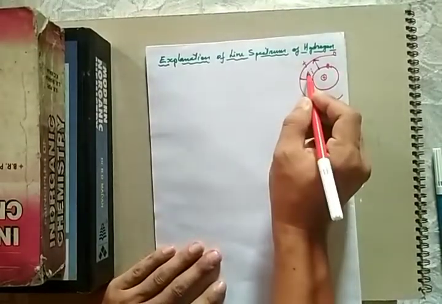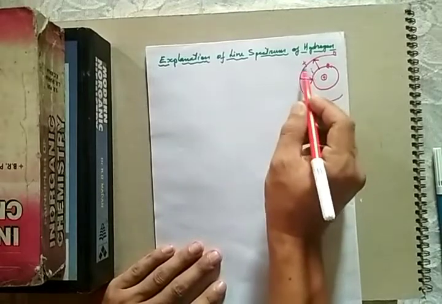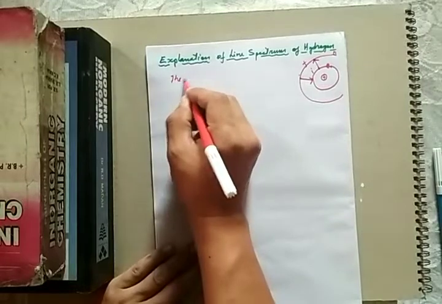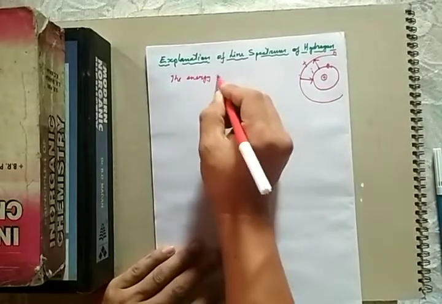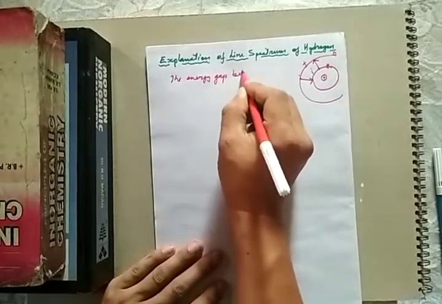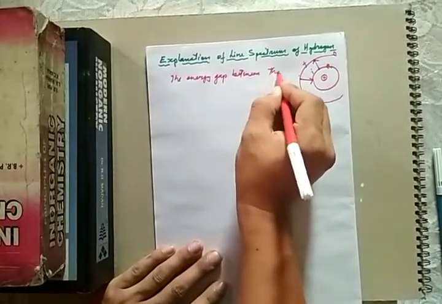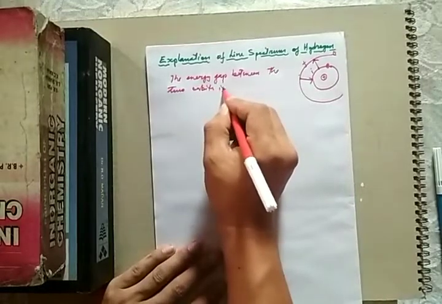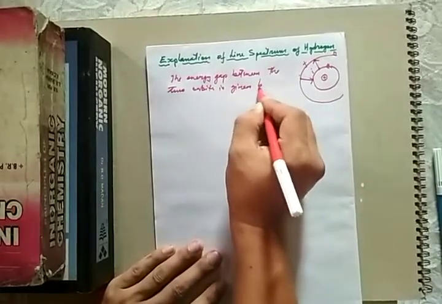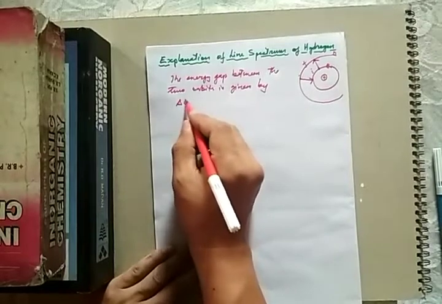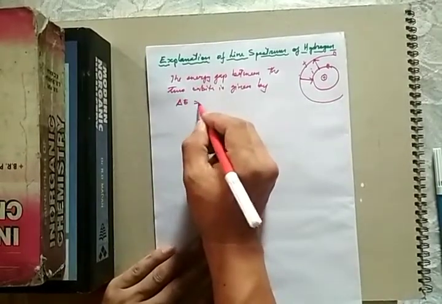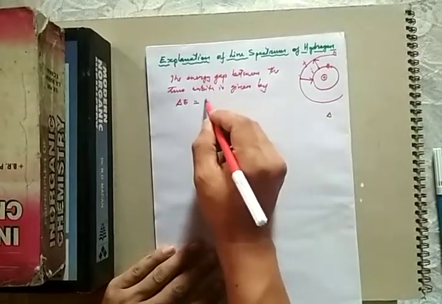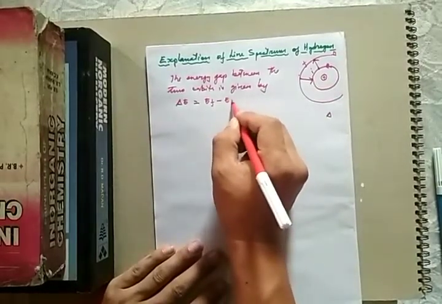The energy gap between these two orbits is given by delta E. We use delta for a small change. Delta E is E final minus E initial.